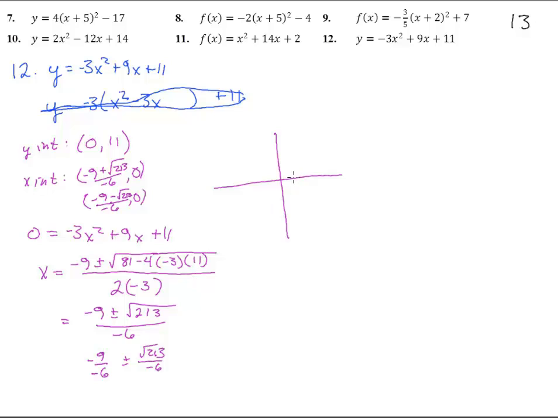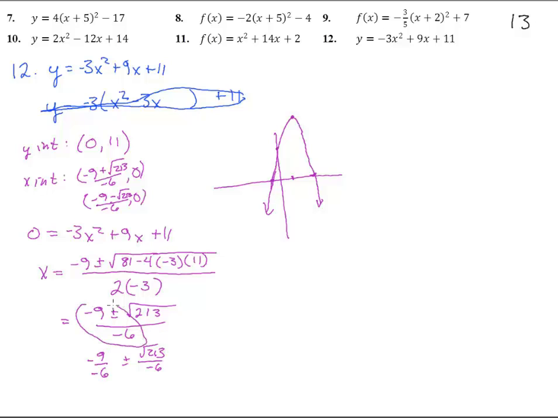So we're going to start right here, and we're going to go, punch that in your calculator and you'll get from 3/2 up a bit and from 3/2 down a bit, like that. And we have 0, 11 like this. So it looks like it's going to go up like this and then come back down right through there and right through there. A little bit skewed there.